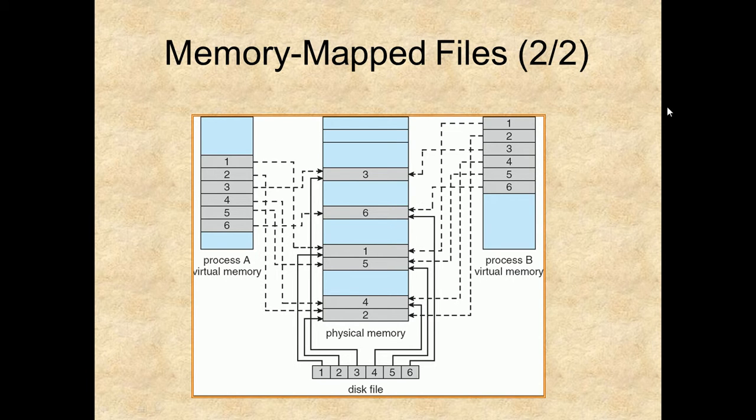Given these two processes, through using shared memory, we can have some memory blocks being referenced by two processes, and those memory pages are not conventional memory pages; they are the reflection of a disk file. So through using memory mapped files and shared memory, we can have two processes deal with the same file at the same time.